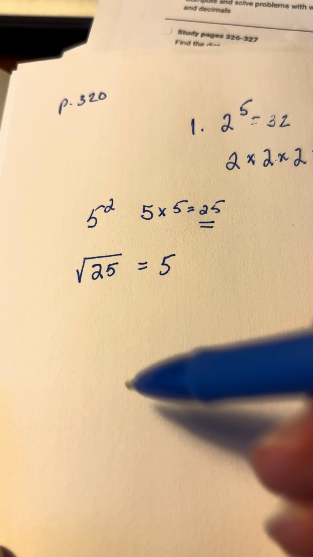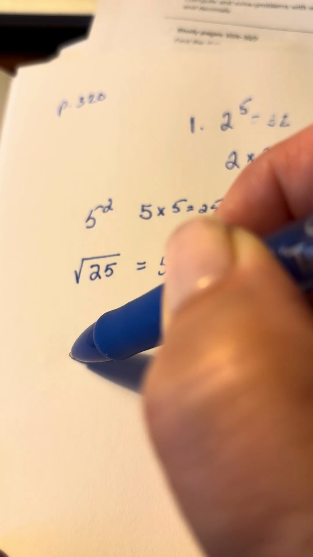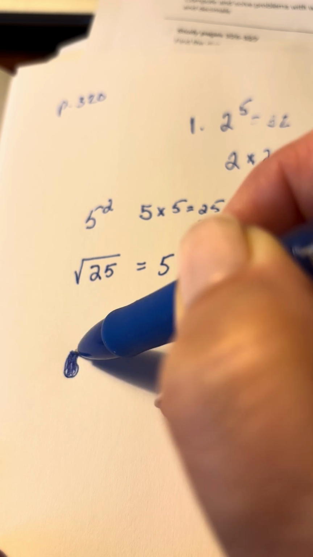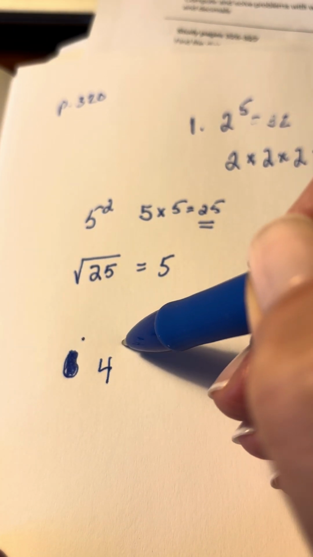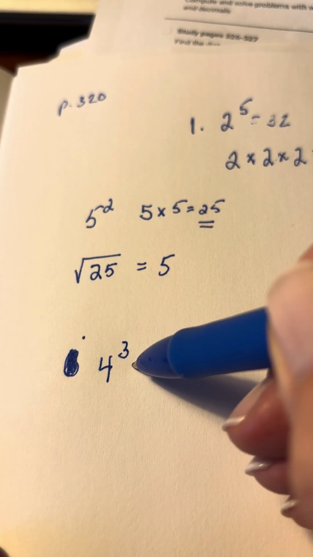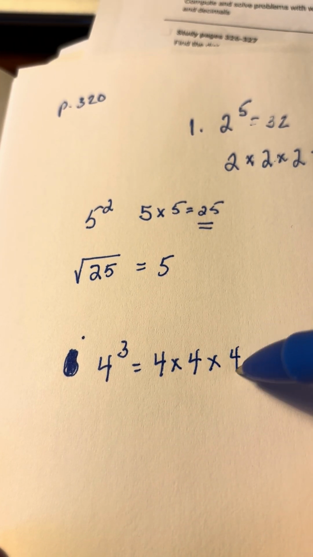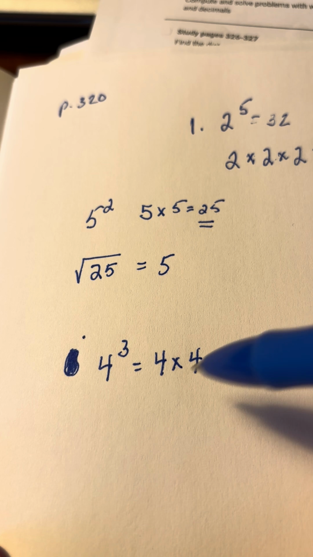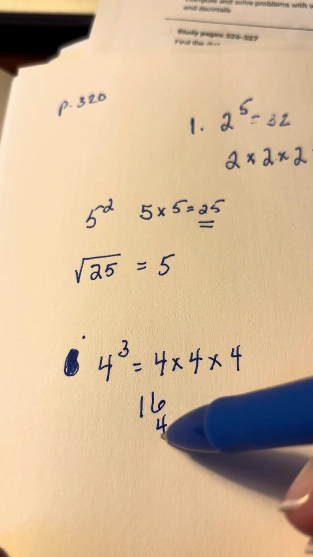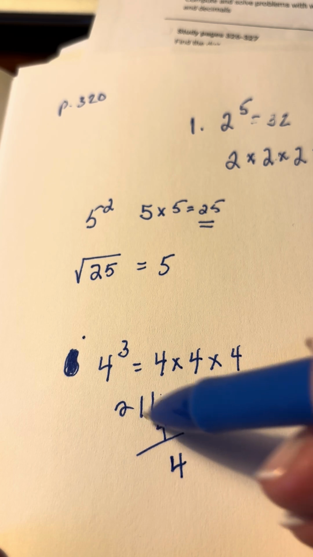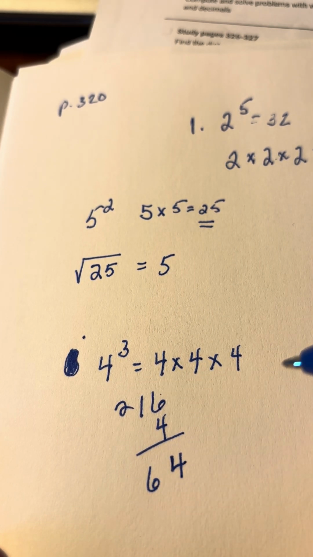So let's talk about cubing. If you take something and you cube it, I should use a different number, different than 3. 4 to the 3rd, that means 4 times 4 times 4. So 4 times 4 is 16. 16 times 4 is 64.